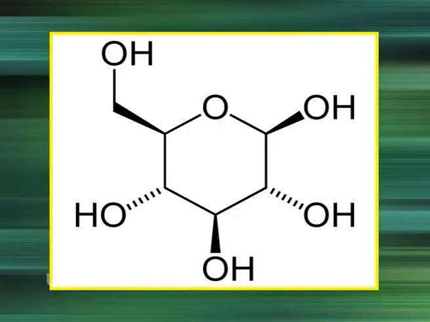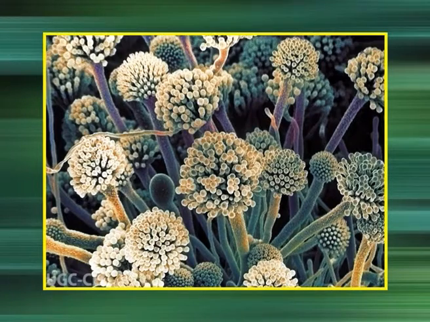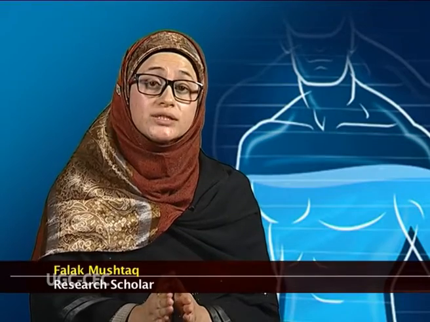The CSF glucose concentration may be altered in a variety of pathologic conditions. Abnormally low CSF glucose concentrations can occur in bacterial meningitis and mycobacterial or fungal CNS infections. During recovery from meningitis, CSF glucose concentration tends to normalize more rapidly than do the CSF cell count and protein concentration.